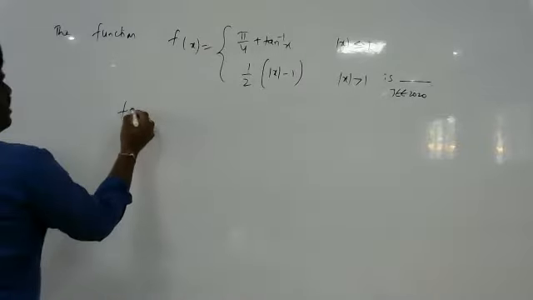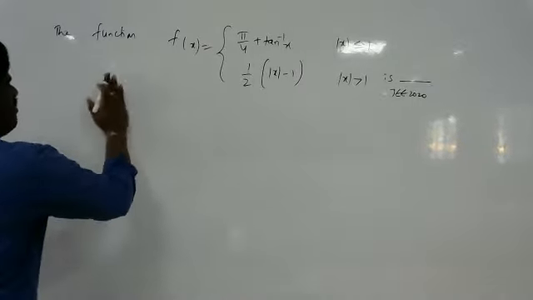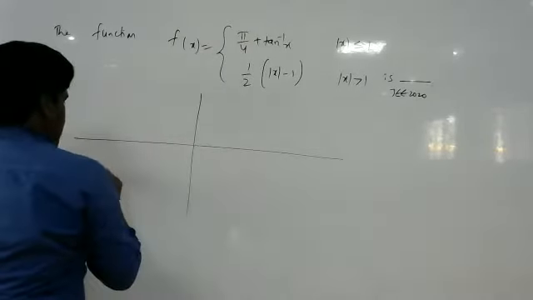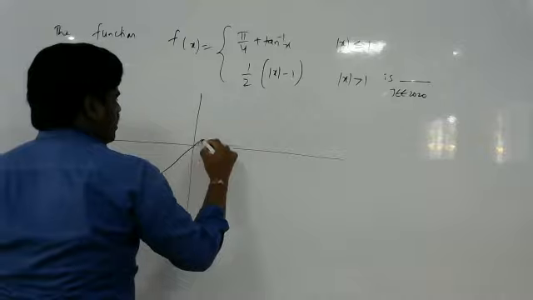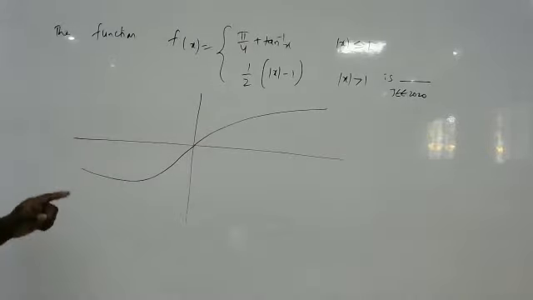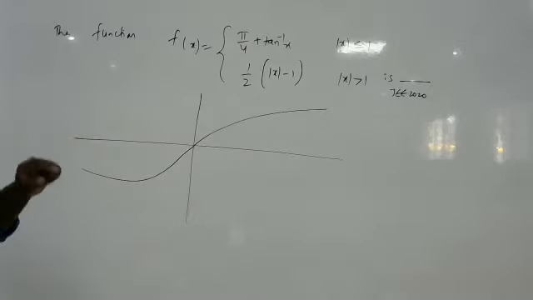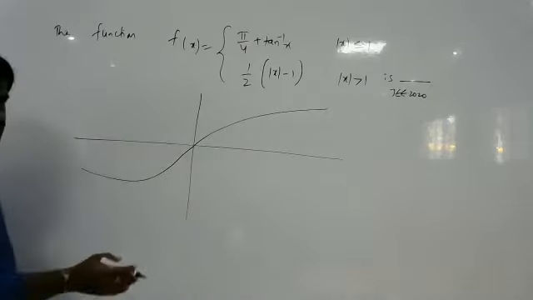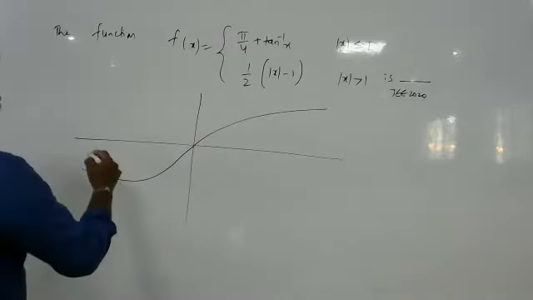So f of x is equal to, you know what the tan inverse x graph is? This is the graph of tan inverse x. He said pi by 4 plus tan inverse x, which means the graph should go pi by 4 up. So it will be coming like this.